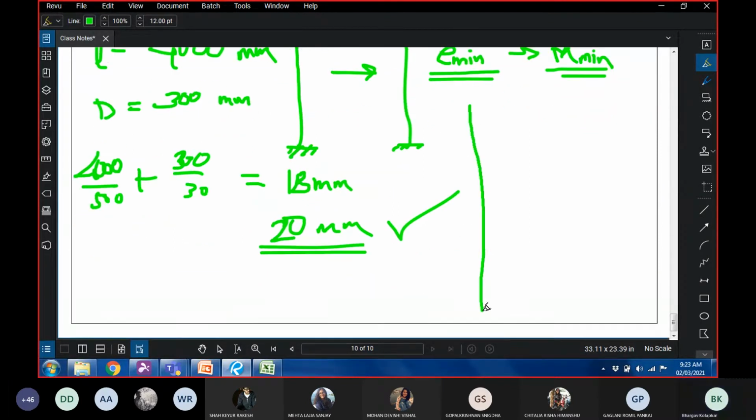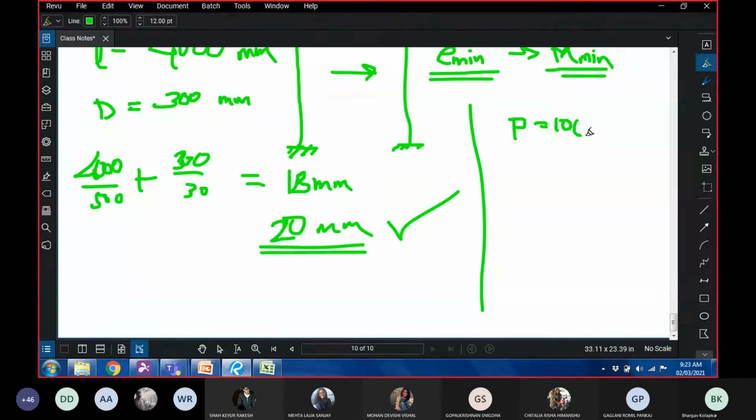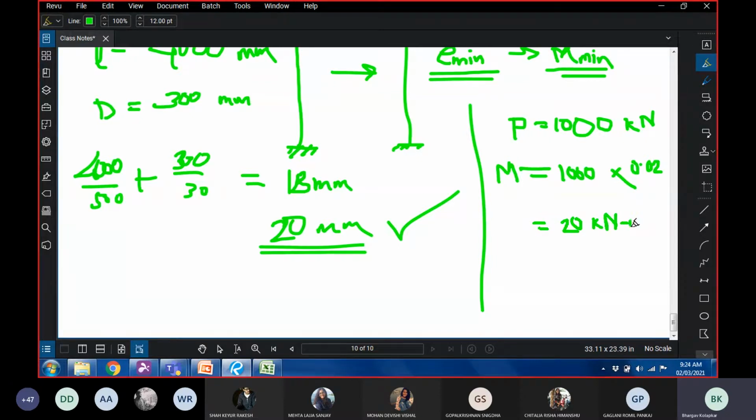If from your analysis you get that the actual load acting on the column is, say, 1000 kilonewton, and the minimum eccentricity is 20 mm, then the minimum moment for which you will design it is 1000 kilonewton times 0.02 meters, which is equal to 20 kilonewton meter.